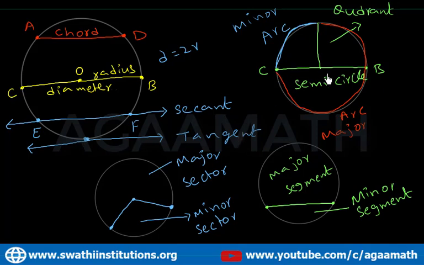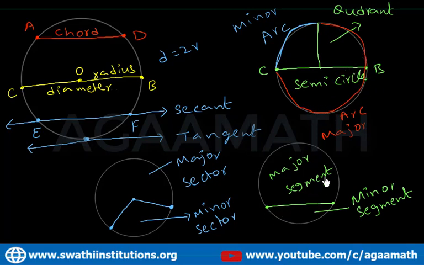When a circle is divided into 2 equal parts using a diameter, each part is a semicircle. If the semicircle is divided into 2 equal parts, each part is called a quadrant. The smaller curved part, the curved line length of the circle, is called the minor arc, and the major length of the arc is called the major arc, right?